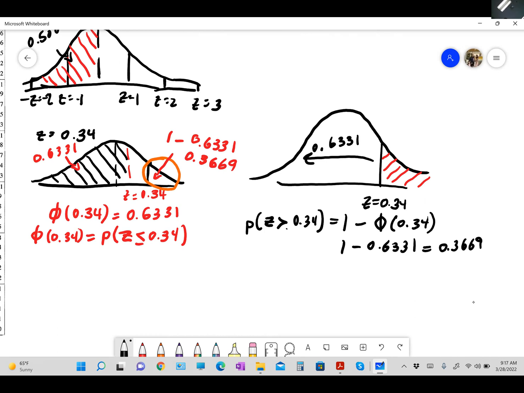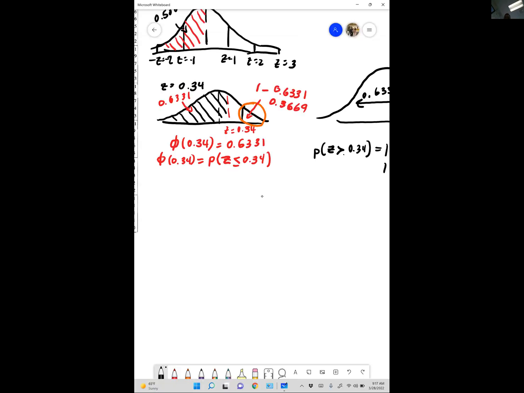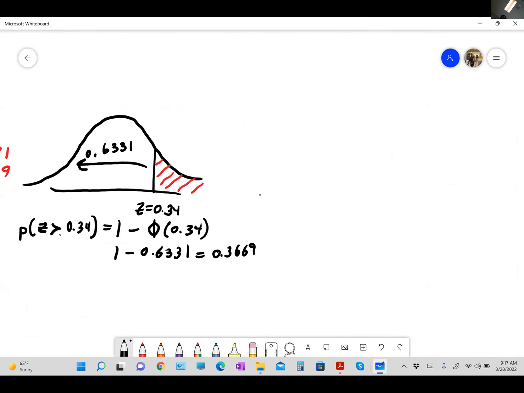I don't think so. Now, what I also want you to realize is that you can also have negative Z-scores. For example, I could have asked you the following. Erase that because that looks really ugly.